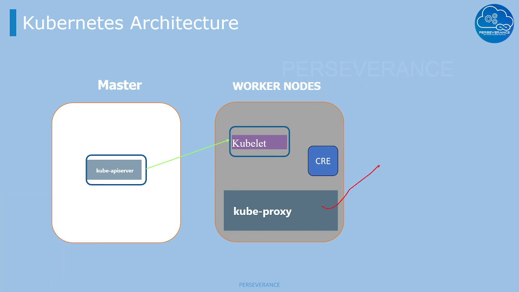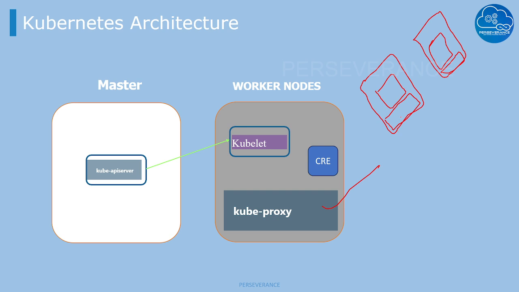Kubeproxy is a very important core component on the worker node. For example, this is worker node 1 and this is worker node 2. Here I have one container and here another container. Kubeproxy will be available on every worker node, like kubelet and CRE.